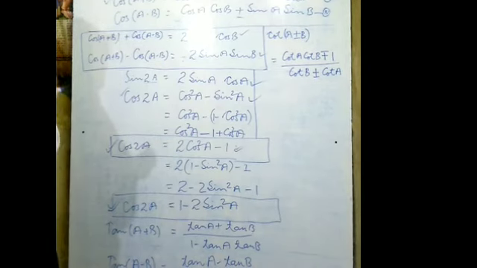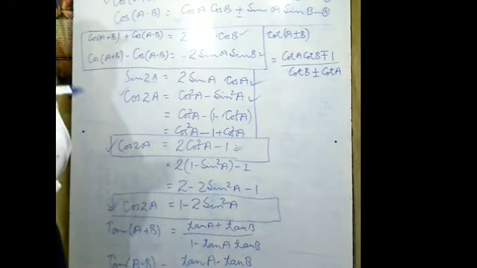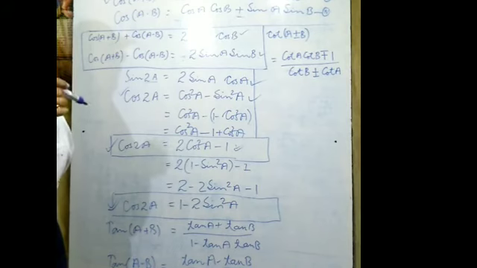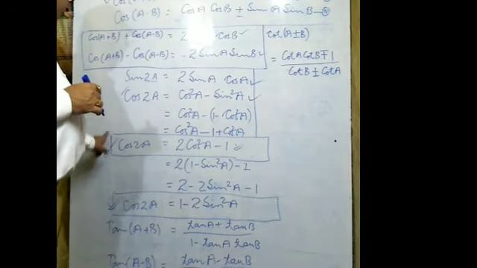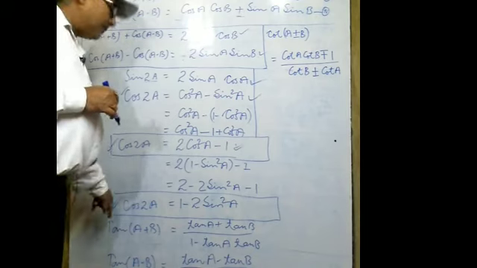So it depends upon the need of the question. According to the need of the question, we have to apply sometimes this one, sometimes this one, and sometimes this one.